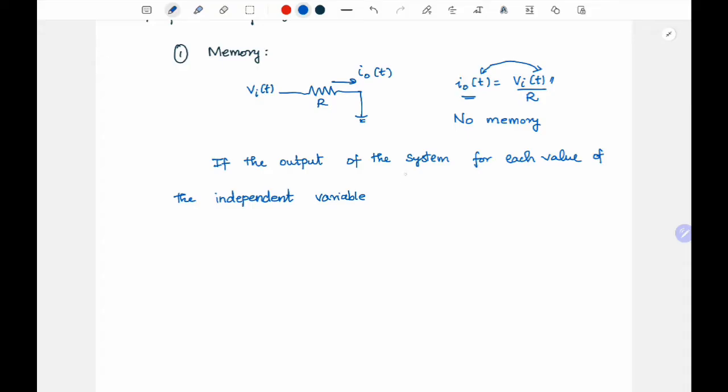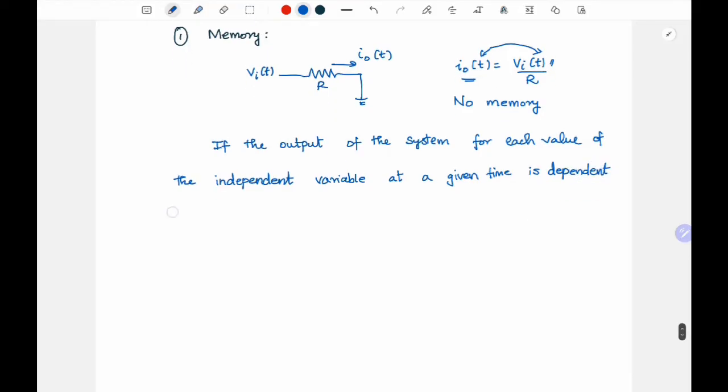Independent variable at a given time is dependent only on the input at that same time, correct?